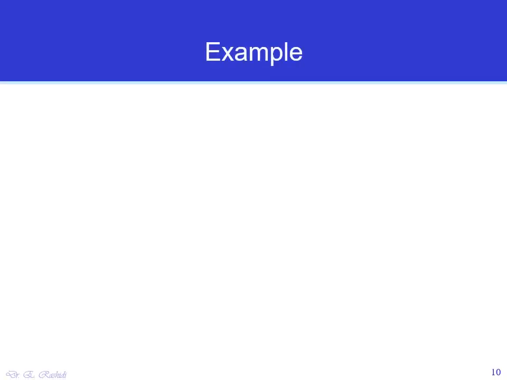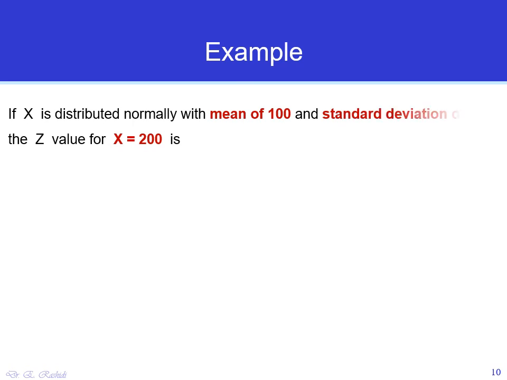Let's see an example. If x is distributed normally with an average of 100 and a standard deviation of 50, what is the z value for x equal to 200? Here x follows a normal distribution with an average of 100 and a standard deviation of 50.